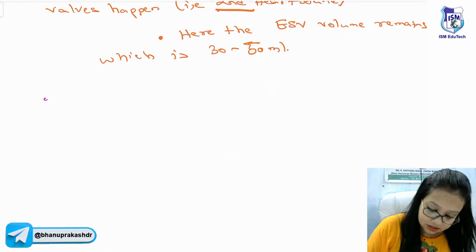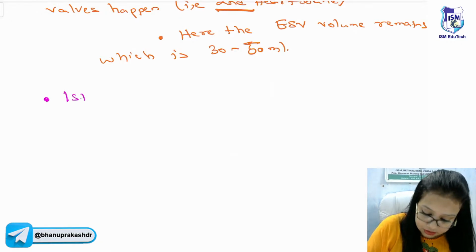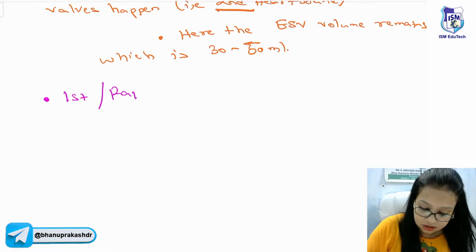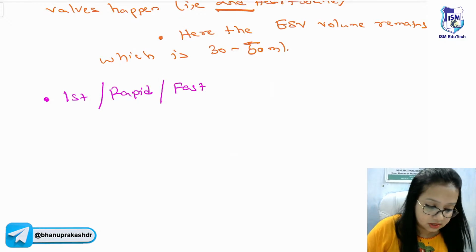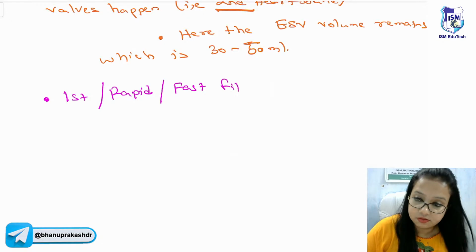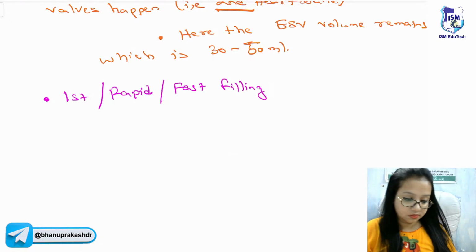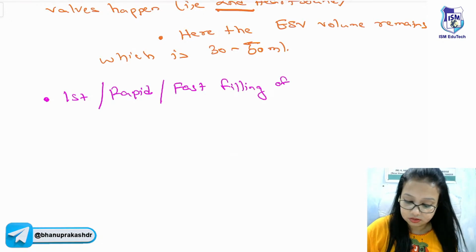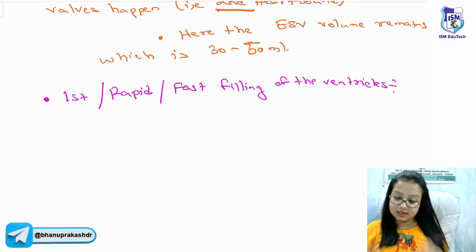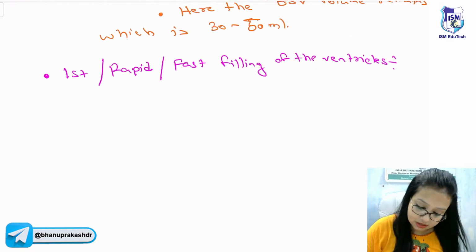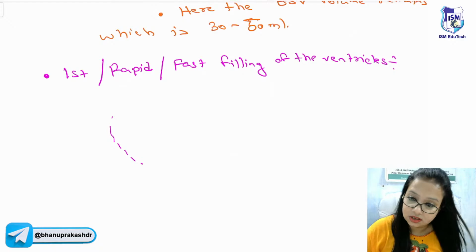Next event is the first or rapid or fast filling of the ventricles. Now, here what happens, let me just draw the ventricle here.